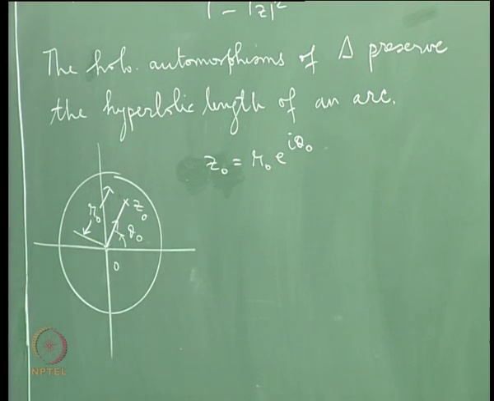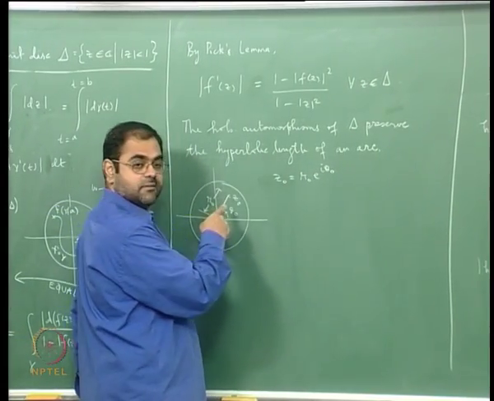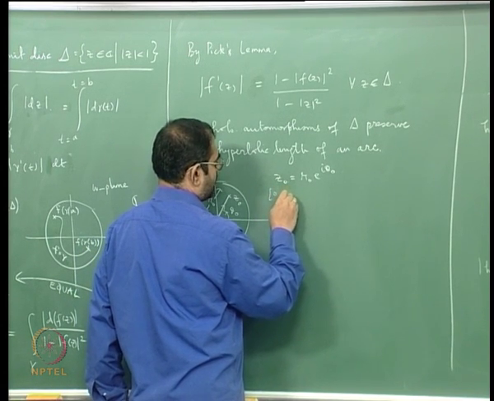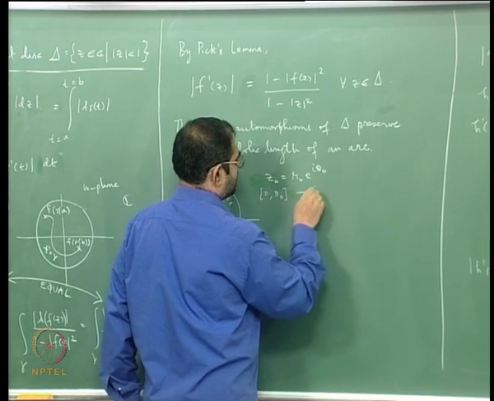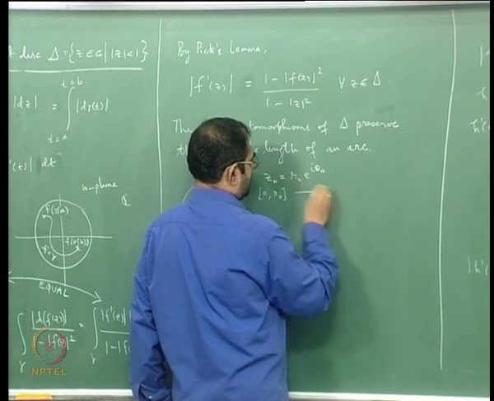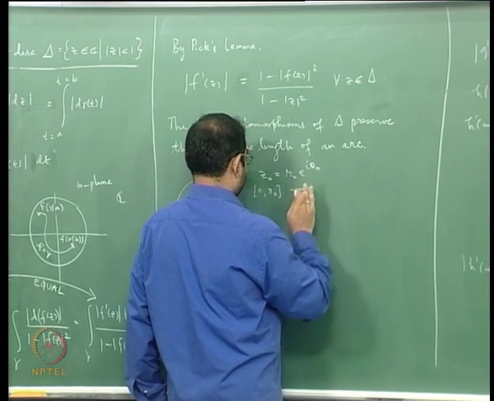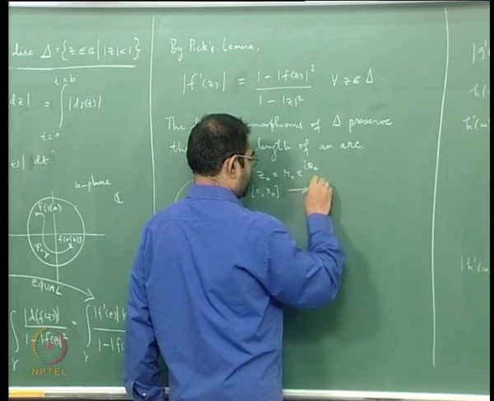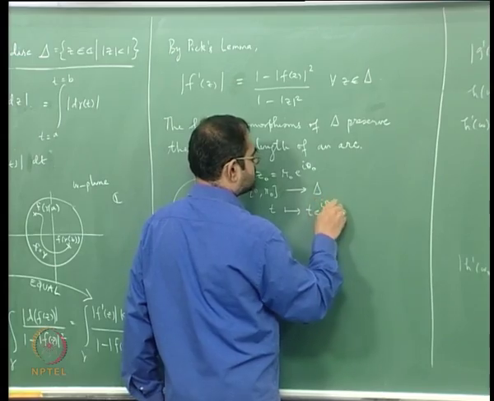Then you know how to parameterize this path. The path can be parameterized by mapping 0 comma r0, with variable t, to the unit disk by simply sending t to t e power i theta naught.